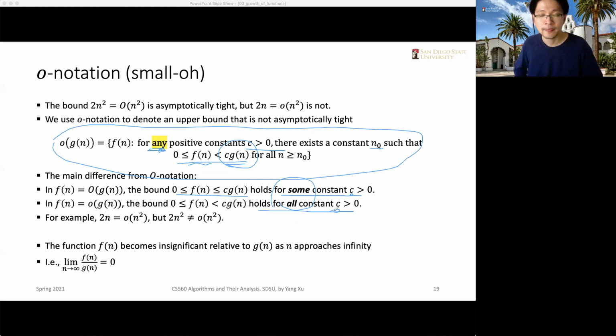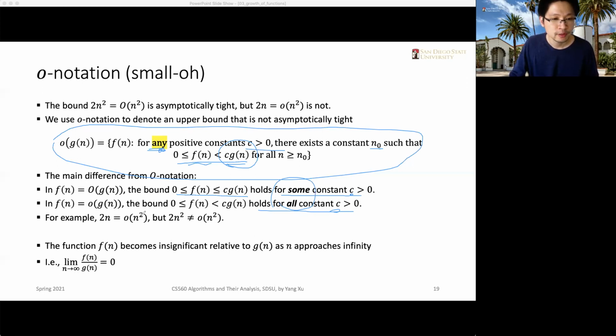Okay, so I would say in most common cases, the big O is much more frequently used to describe the asymptotic properties for functions, especially for algorithms. Okay. All right. But I think it's still useful to look at the differences.